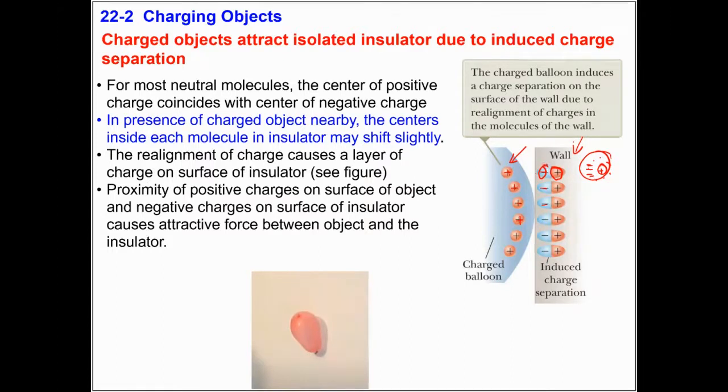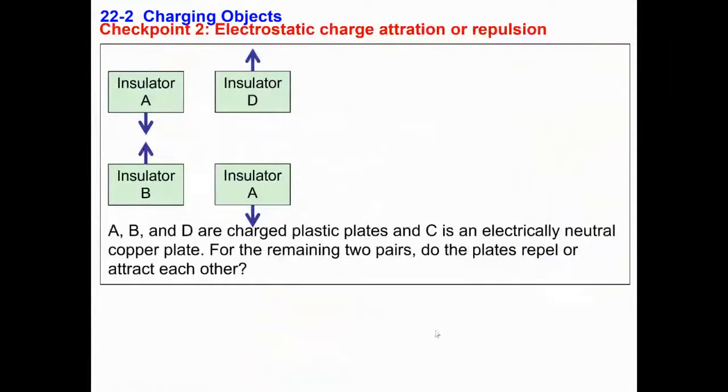So we end up with the negative clouds close to the surface and the positive nuclei away from the surface, and then we will have a force of attraction between the positive charges on the plastic and the negative charges on the wall. Because the insulator does not have free charges that move freely, you can charge it, but it cannot conduct electricity.